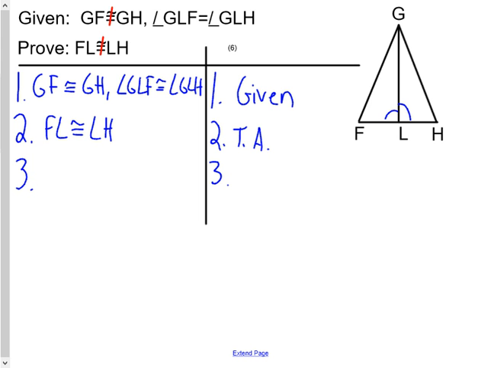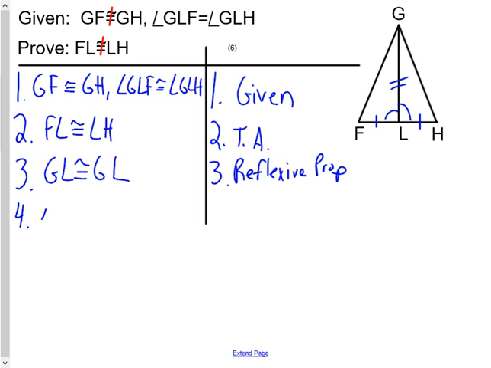This is a 6-stepper. We're going to fill in FL and LH are congruent. And now looking at my diagram, I see we are one side or angle away from triangles congruent. Right here, GL is congruent to itself as a reflexive. And then we're going to have triangles congruent. Now, triangles congruent isn't the contradiction.